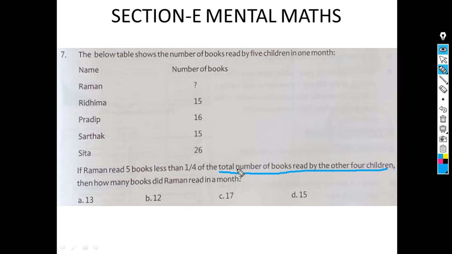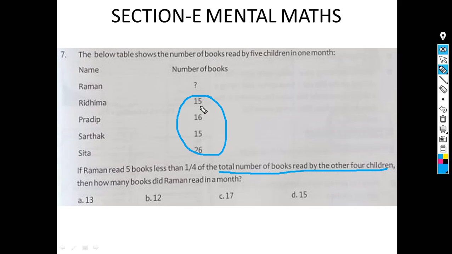Now what it says: Raman reads 5 books less than 1/4 of the total number of books read by the other 4. So we have to find the total of the other 4 students, since it is asked in the question. So we have to total this.